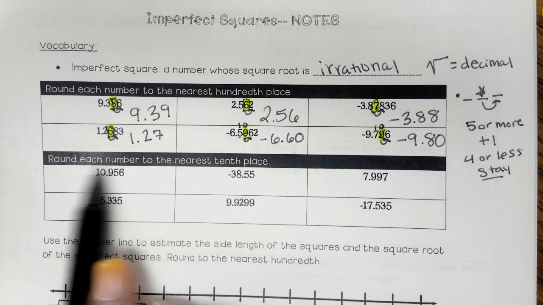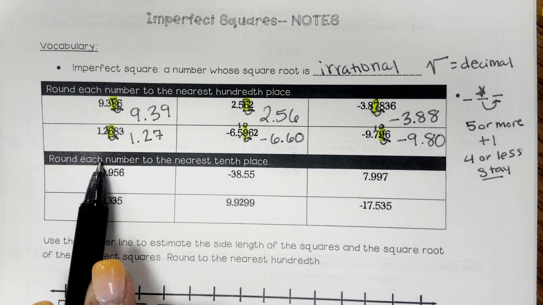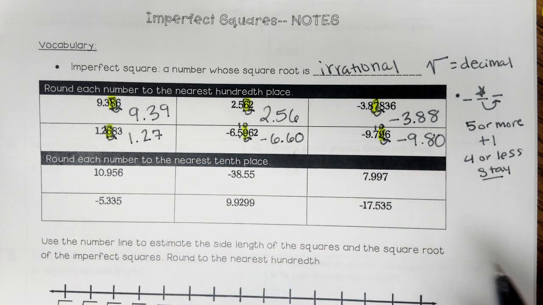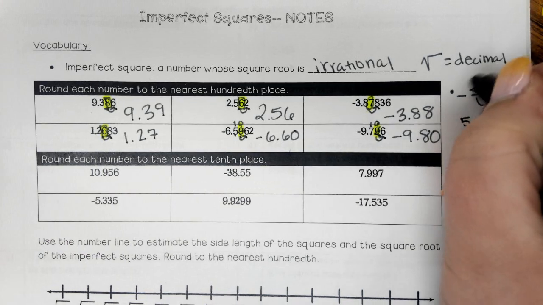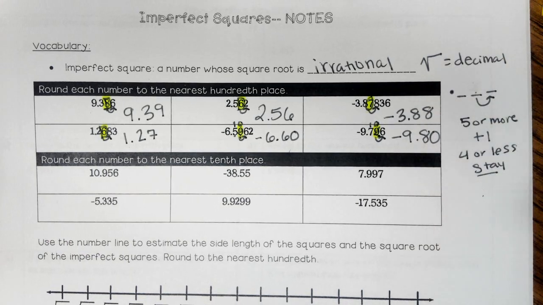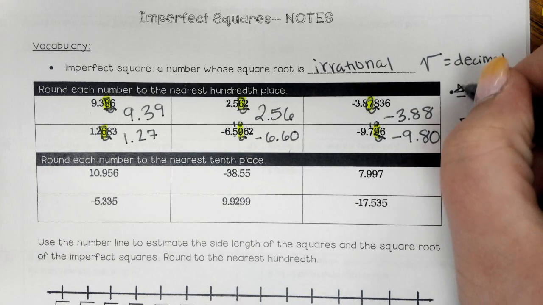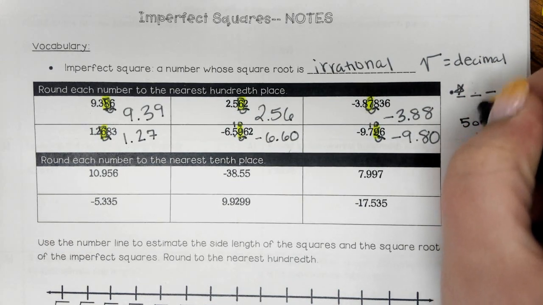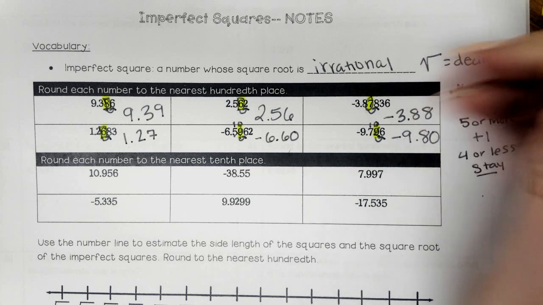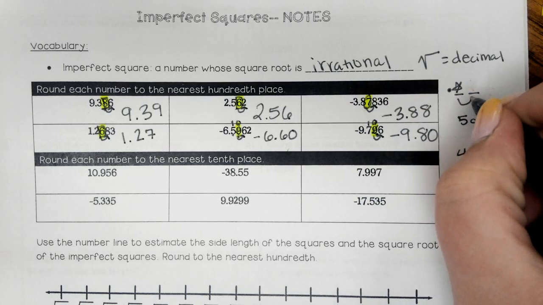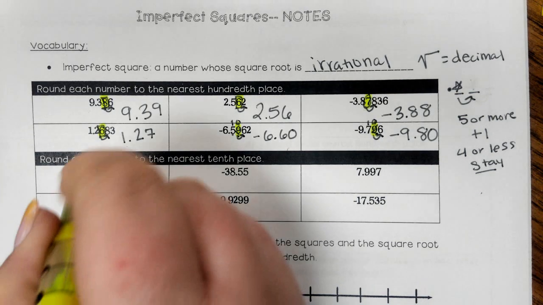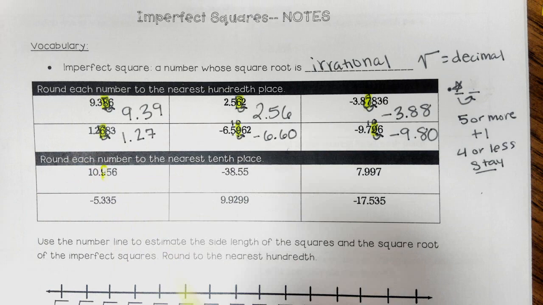The second box asks us to round each number to the nearest tenth place. The tenth place is the first decimal spot. So when I round to the first decimal spot, I look at the number right behind it, which would be in the hundredths spot. I'm looking at the number directly behind the decimal in the tenth spot.